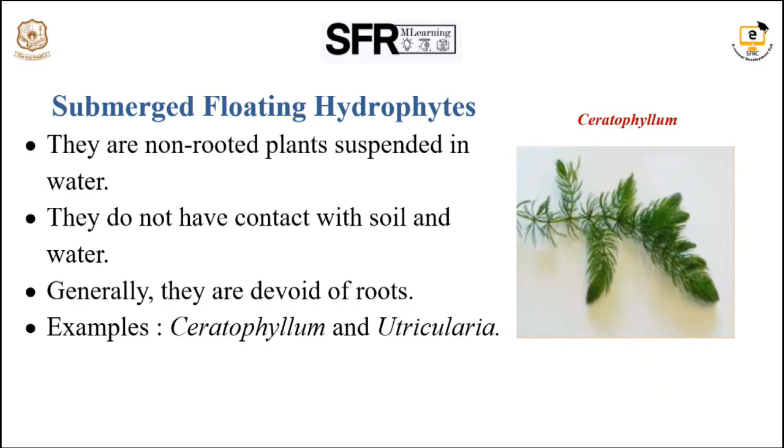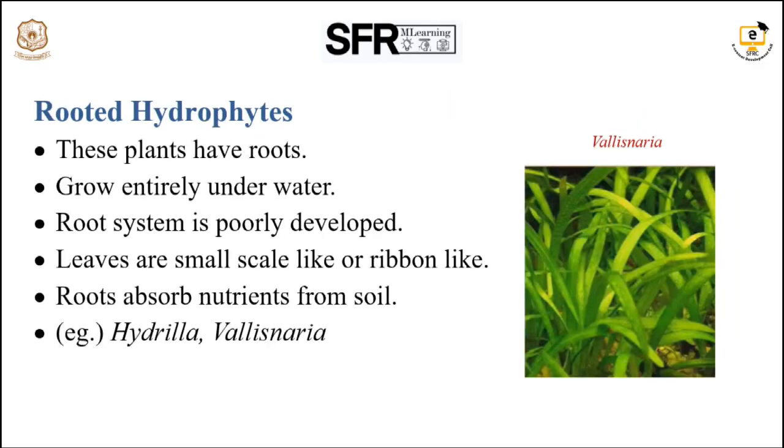Then the second category is the rooted submerged hydrophytes. This group is completely submerged and also anchored to the substratum or soil. They are highly affected by light penetration, so these plants come under the shade loving plants.